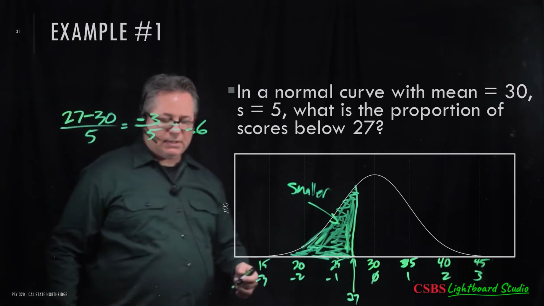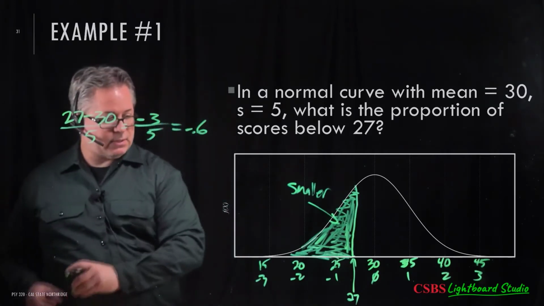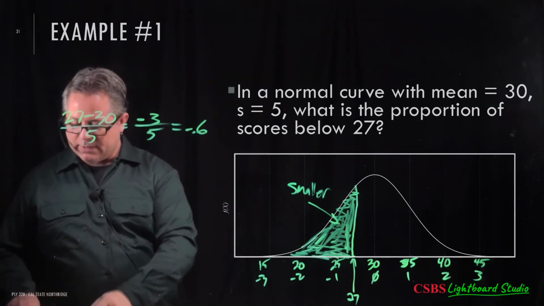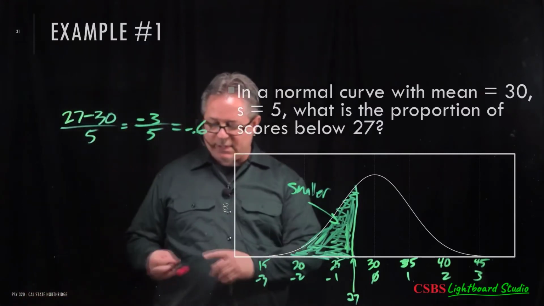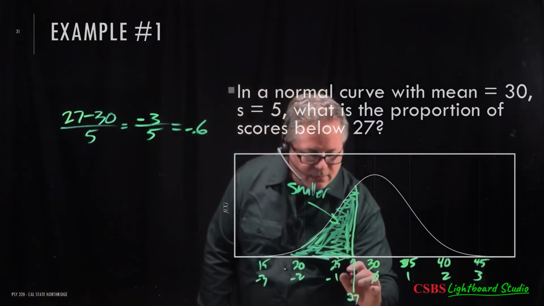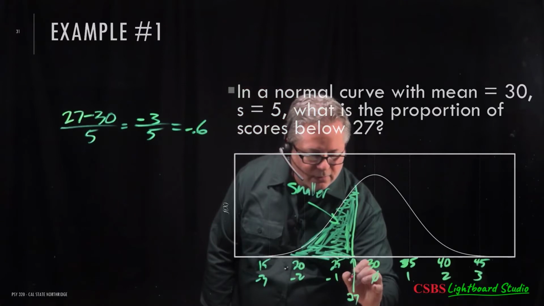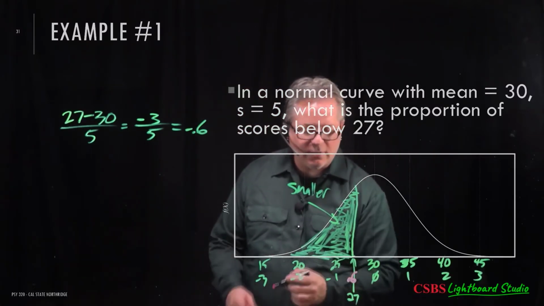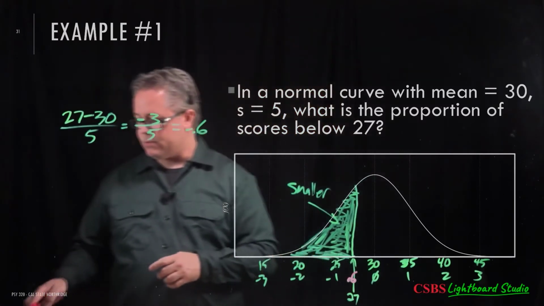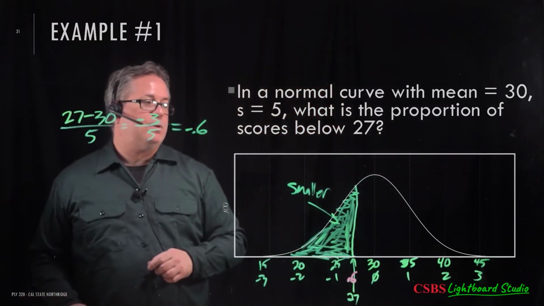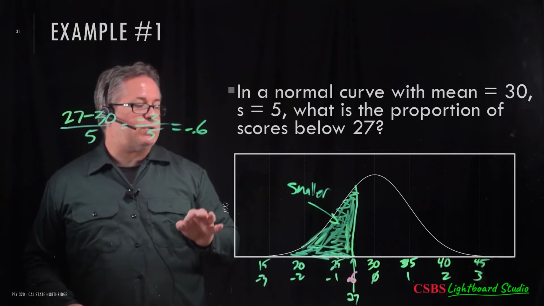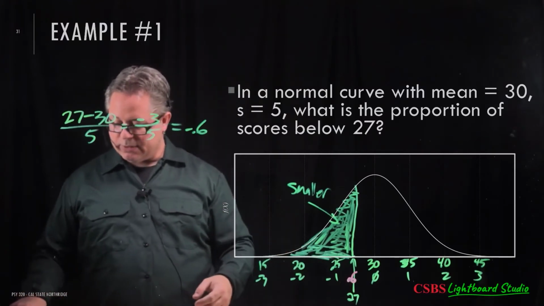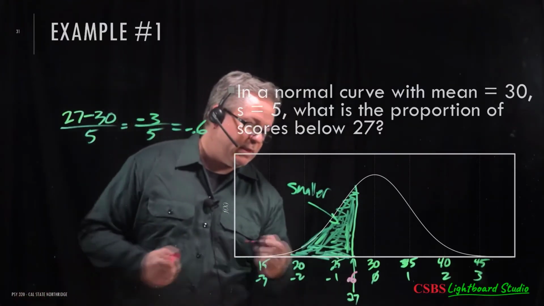So the z-score that corresponds to this 27, the raw score, is -0.6.